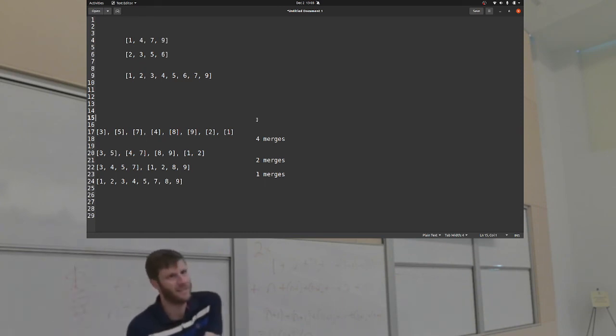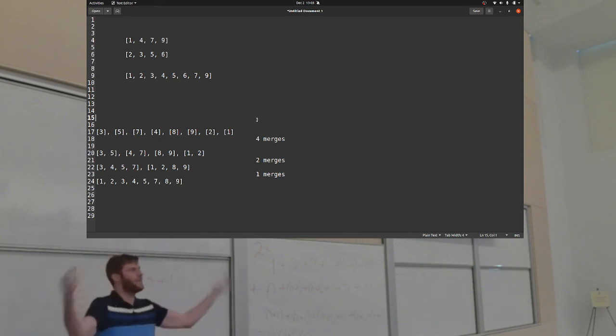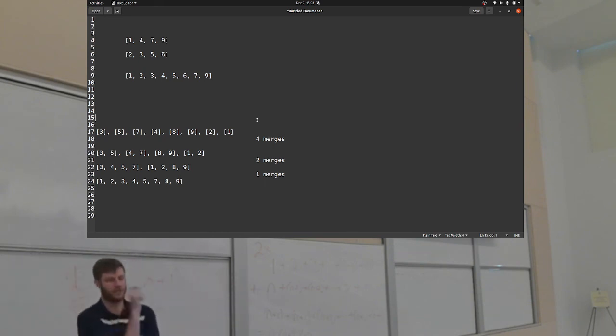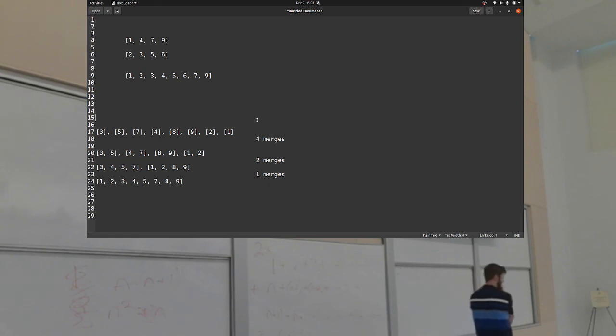The trick is, as I double the input, maybe I can reverse it. How can I word this in a slightly different way? If I double the input, I only have to do 1 more unit of work.